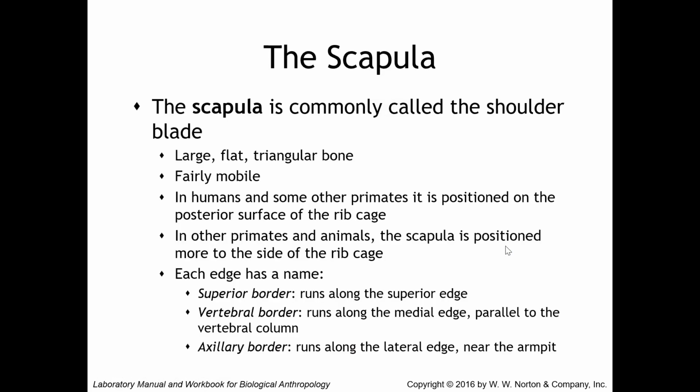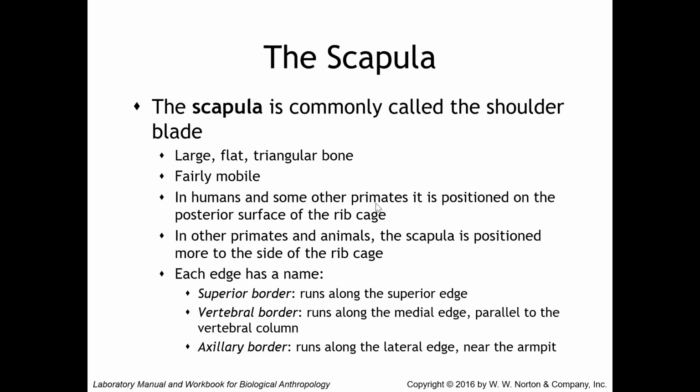Then moving on, we've got the scapula. And on the scapula, we're commonly calling it the shoulder blade. The scapula is a large, flat, triangular bone. It is fairly mobile. We know that because we can move our arm and our shoulder quite easily. In humans and in some other primates, it is positioned on the posterior surface of the rib cage, right?